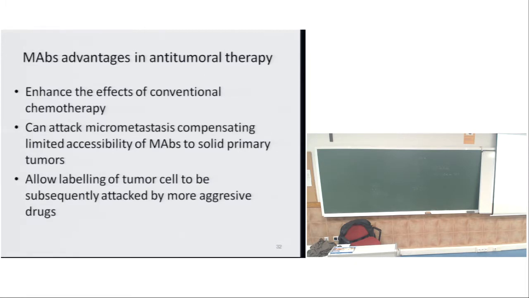The monoclonal antibodies cannot penetrate into a tumor, but they can bind the surface of the tumor cells and start inducing their destruction. And we can use these monoclonal antibodies to label, to put a flag on this cell to be further attacked by other means, with stronger drugs.